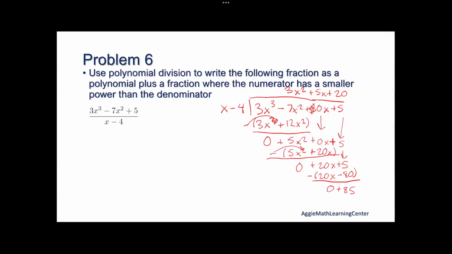All right, so now I don't have any more terms to pull down. What do I do from here? You just add the 85 over the x squared to the top equation. Exactly. Okay, and that should be our final answer.